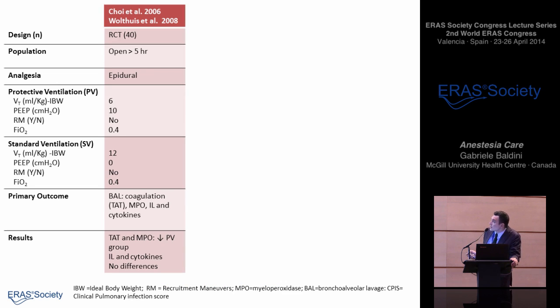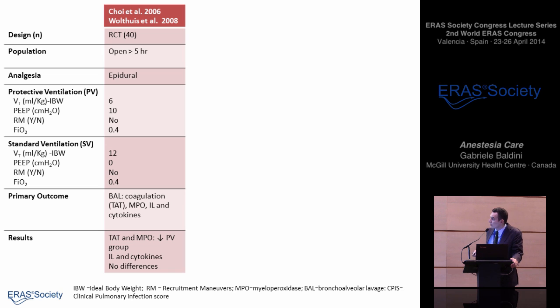In 2006 and 2008, this group published 2 papers, actually the same study, but looking at different outcomes, on a protective ventilatory strategy using 6 ml per kilo of ideal body weight, PEEP of 10 centimeters of water, and no recruitment maneuver, versus a standard ventilation with 12 ml per kilo of ideal body weight and no PEEP, with a 0.4 FiO2.